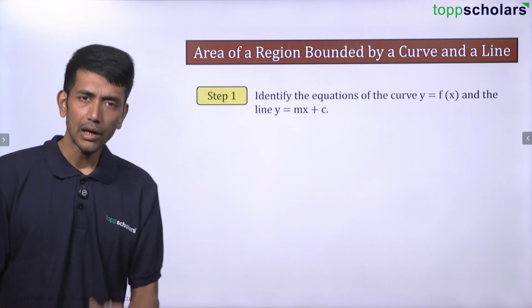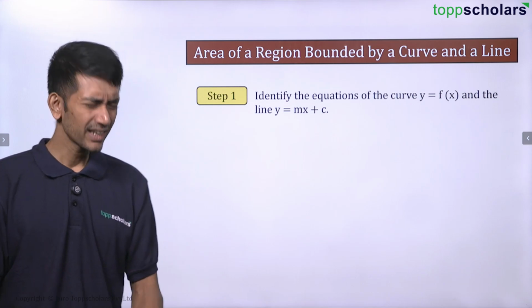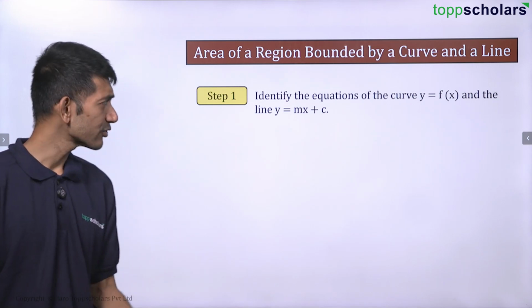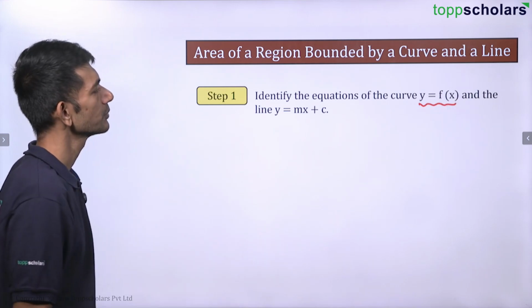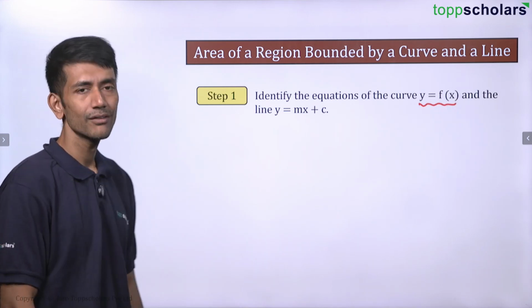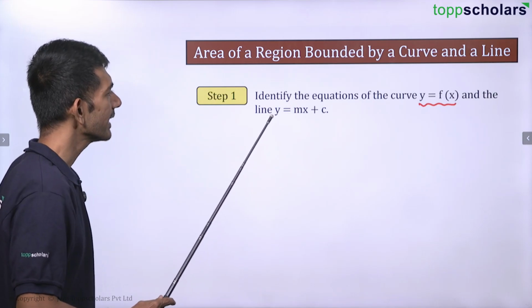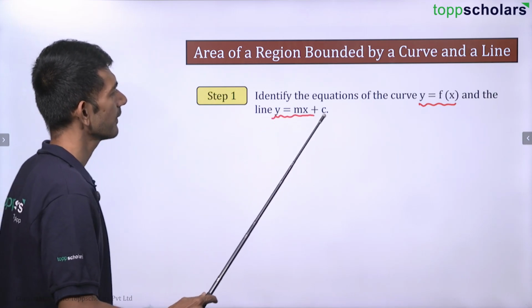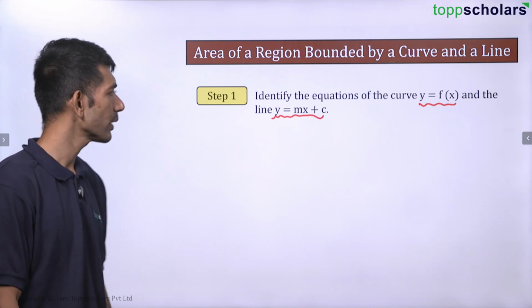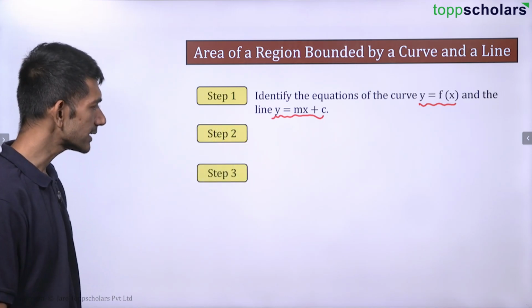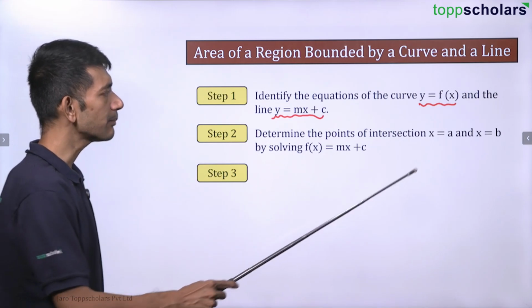So firstly, how are we going to find out the area? We just now saw the formula. This is again a repetition of that. We'll identify the equations first: the curve y is equal to f(x) and the line y is equal to mx plus c. The second step is to determine the points of intersection.